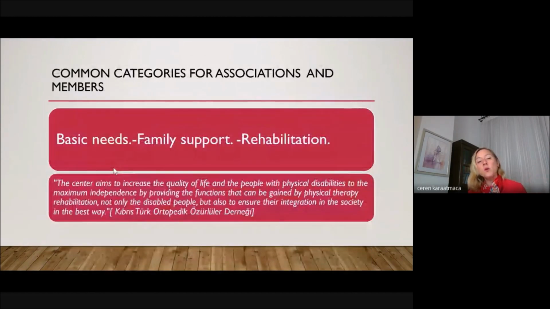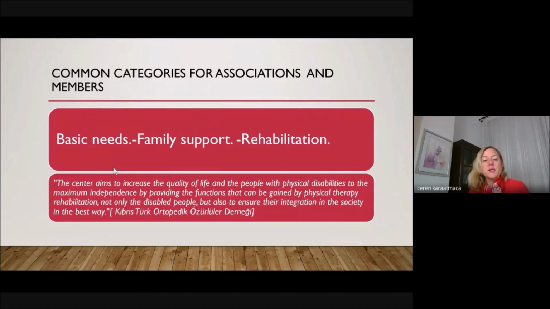So when we talk about the common categories from associations and the members, we see basically the basic needs, the family support, and rehabilitation. So that's a quote from one of the associations, Kıbrıs Türk Ortopedik Özürler Derneği.